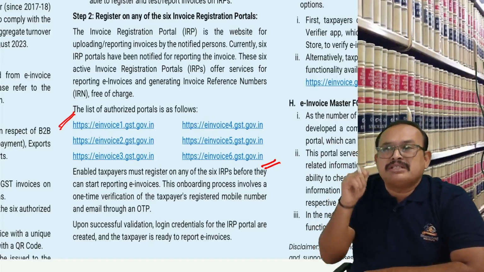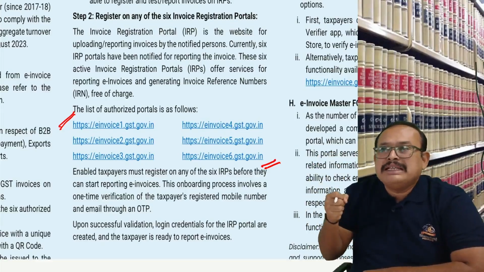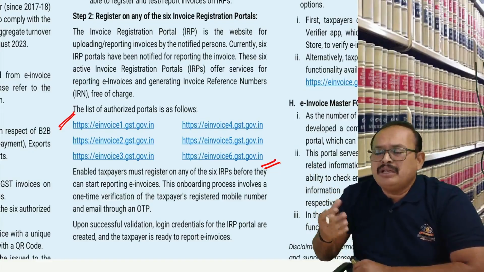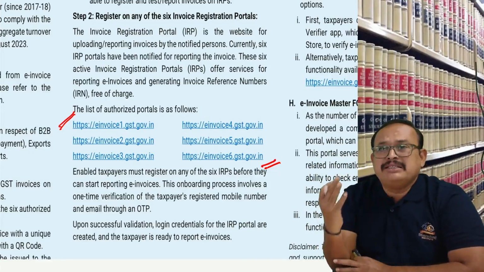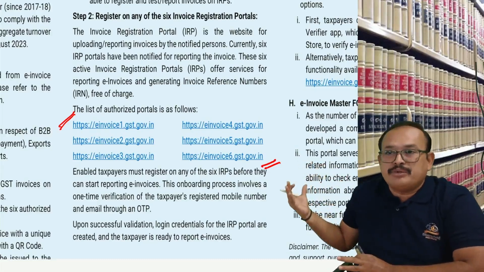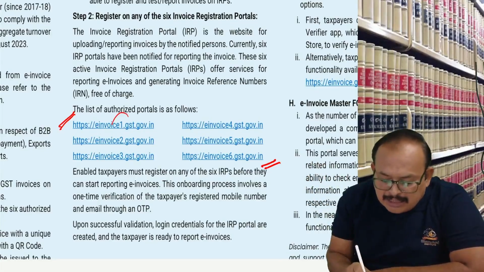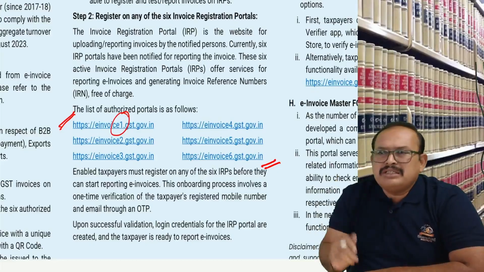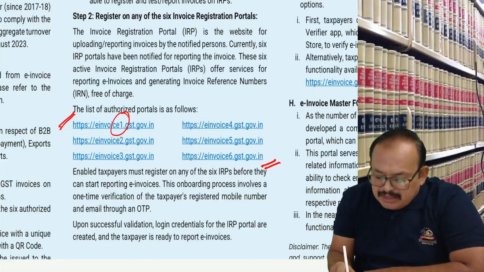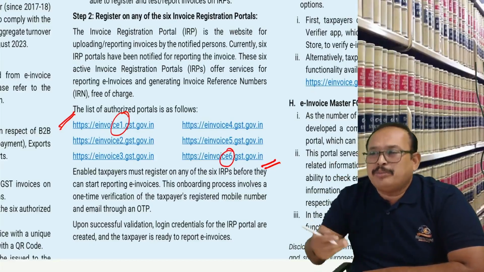Because if there is only one portal and all taxpayers log in to that portal, it is going to become slow or it may hang. To avoid this, 6 portals have been used. You can log in to any portal. If you are not able to get in because the invoice 1 portal is slow, then you just quit, come out and go with invoice 6.gst.gov.in to expedite the process.